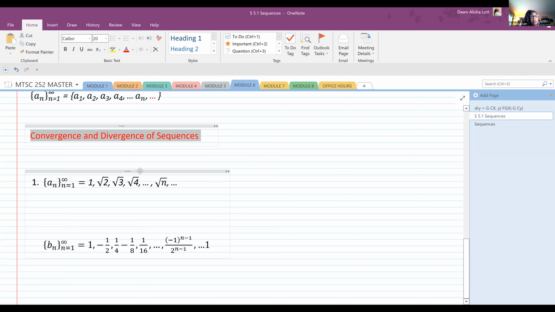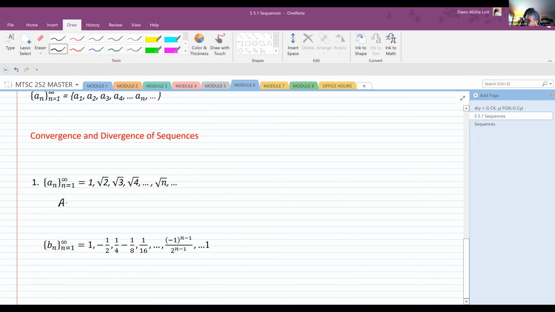This first one is the first example that I gave. As n goes to infinity, you can see that we start off at 1. The square root of 2 is bigger than 1, which is the square root of 1. The square root of 3 is bigger than the square root of 2. Square root of 4 is bigger than the square root of 3. And these numbers keep getting larger. So as n goes to infinity, you can see that a_n, the nth term, also goes to infinity.